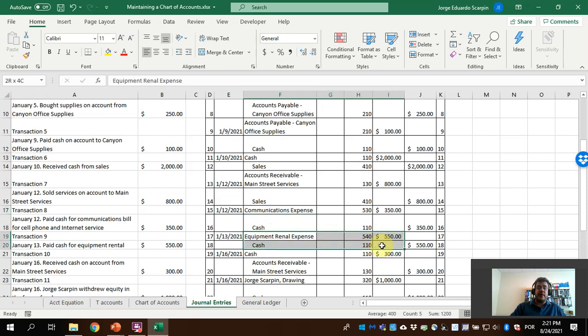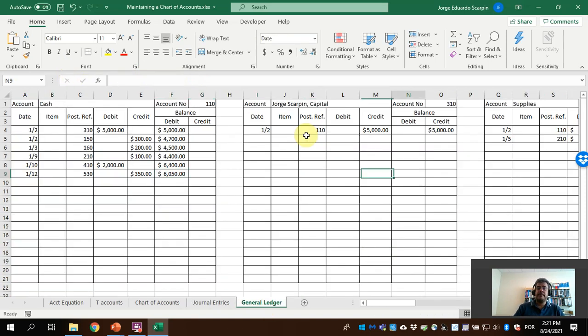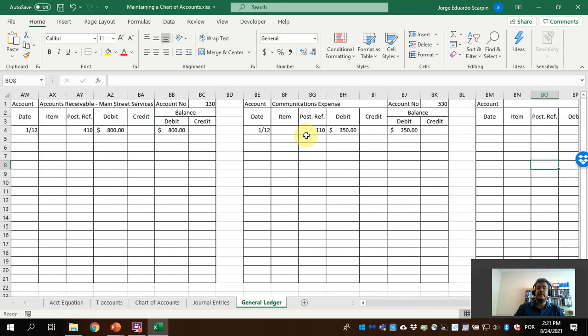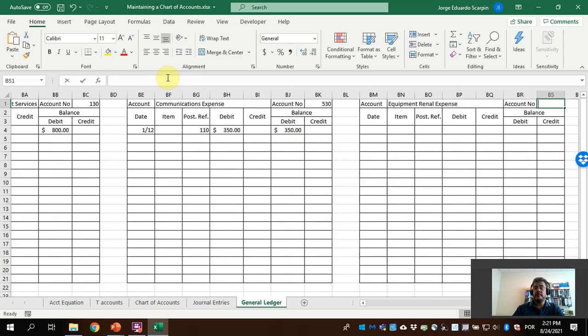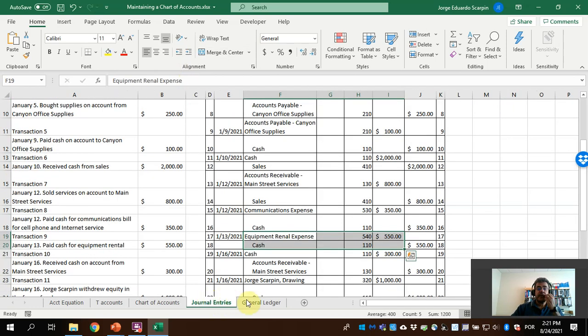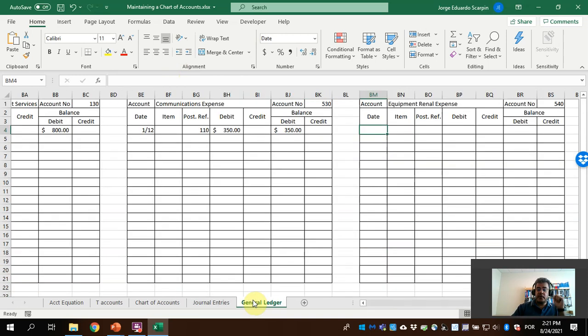Equipment rental expense and cash. Equipment rental, nothing yet. So the 540. Date. January 13th. Credit cash.